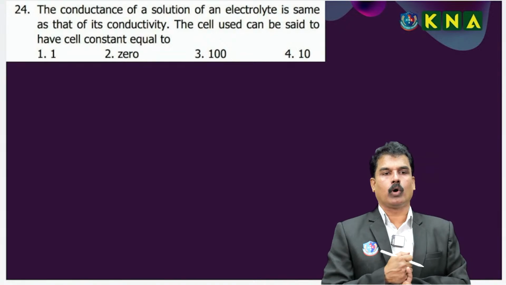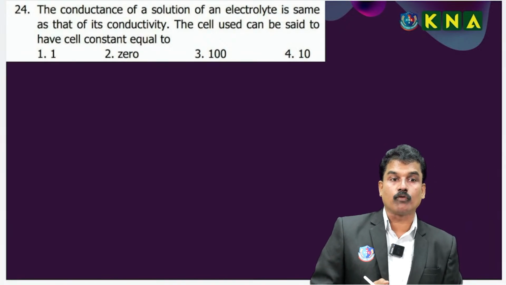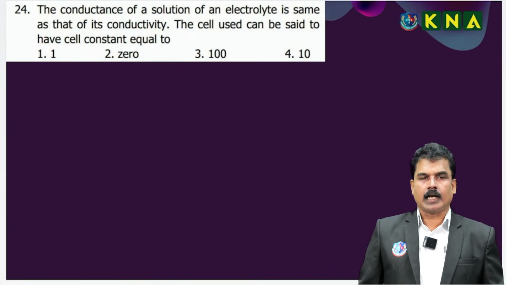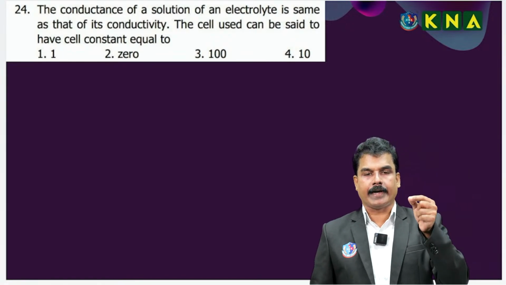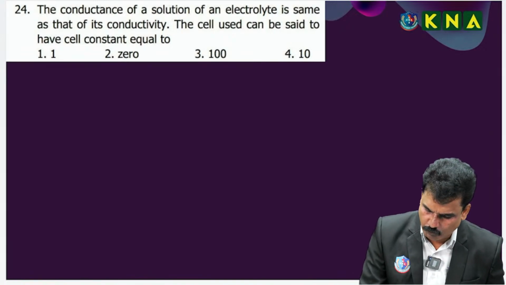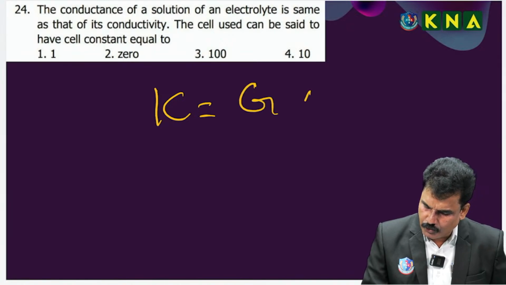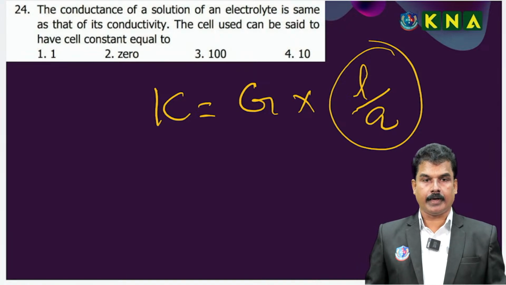Yes or no? Okay, the conductance of a solution of an electrolyte is the same as its conductivity. The cell used can be said to have a cell constant. When you are reading the sentence, you have to connect it. Conductivity, conductance, cell constant: what is the relation? Kappa is equal to G into L by A. This L by A is the cell constant.